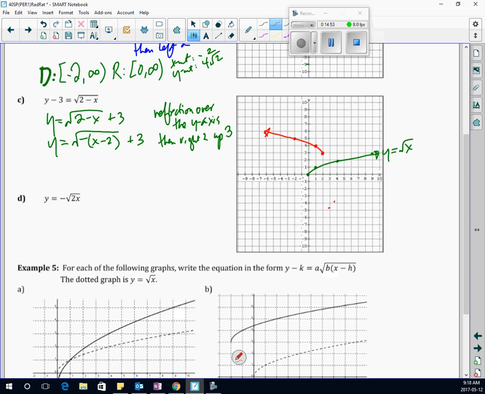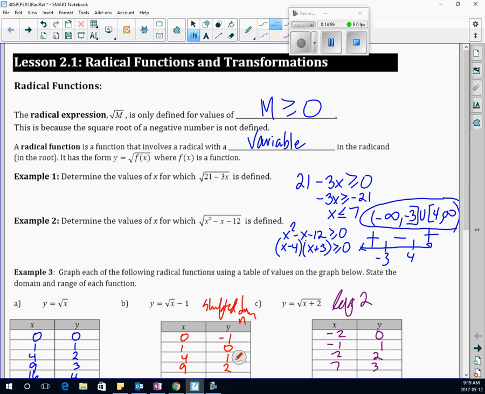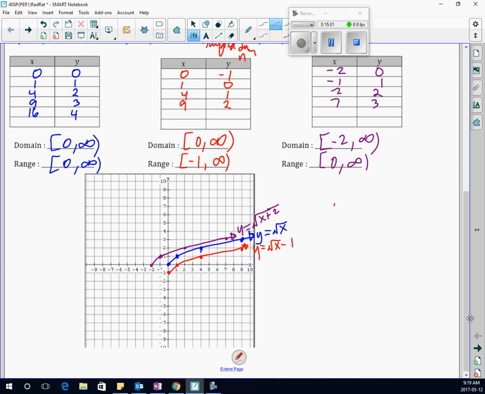Before I go on, I just thought of something here. If we go back to this base graph, I know I only picked 0, 0, 1, 1, 4, 2. But what happens if I were to pick fractions between 0 and 1? The way I drew it here, it looks like it's going straight there.